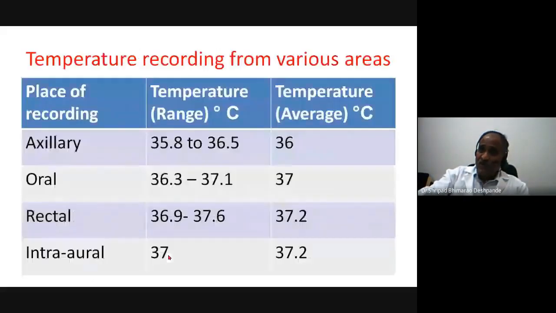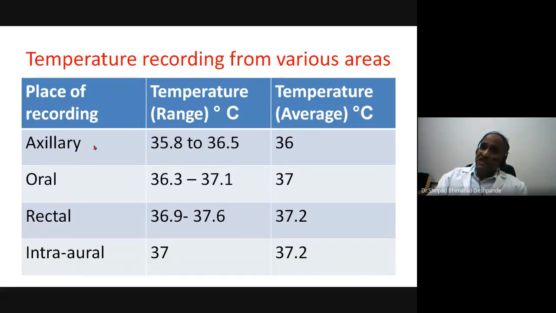Now let us move further. How do we record the temperature in a patient? That is our question. We have four important routes in which we measure the temperature. One, we record the axillary temperature.